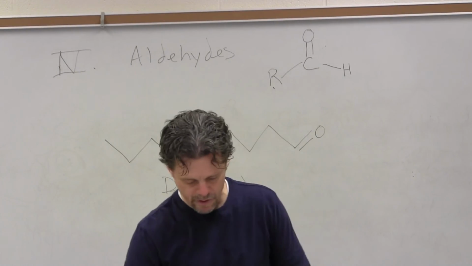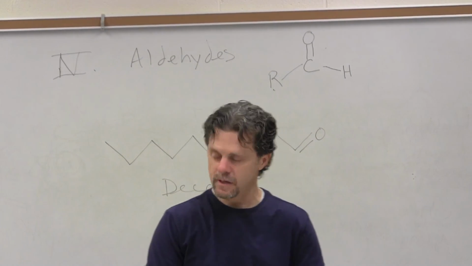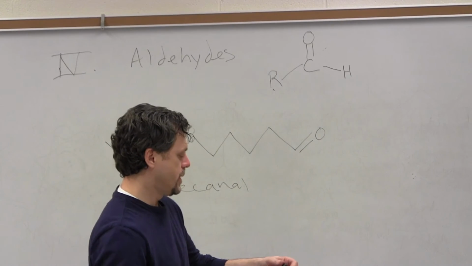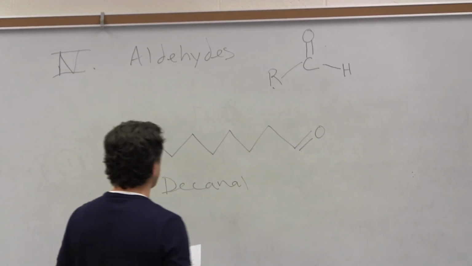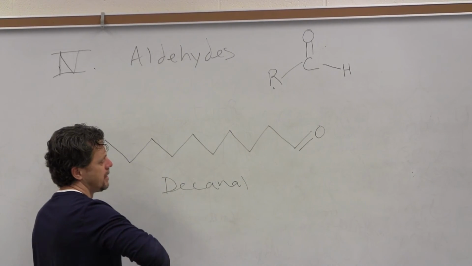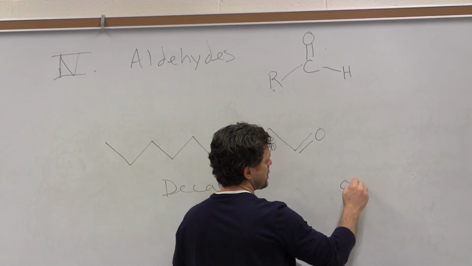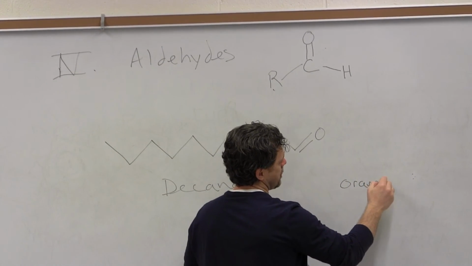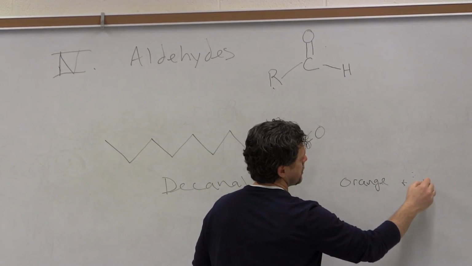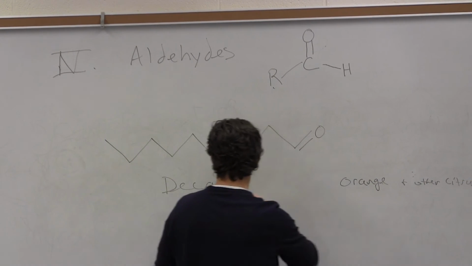This one is not really a major component in anything, but it is an important one because it's a very strong one, as all these straight chain small aldehydes are. It's found at small percentages in orange and other citrus. Yes, this would also be called aldehyde C10.